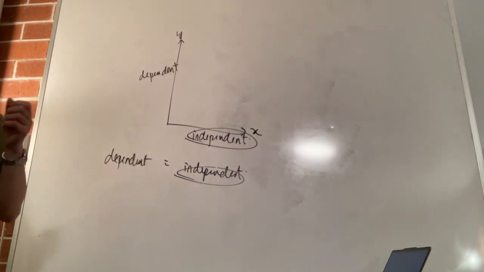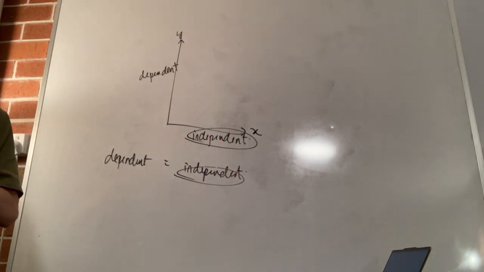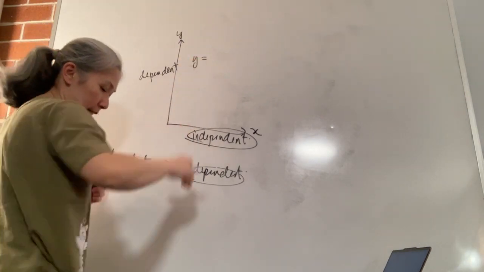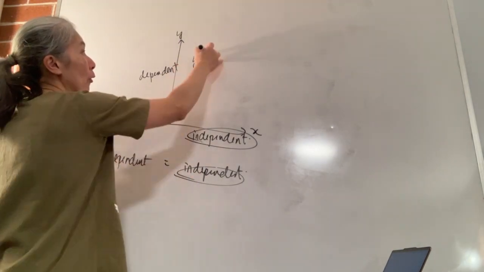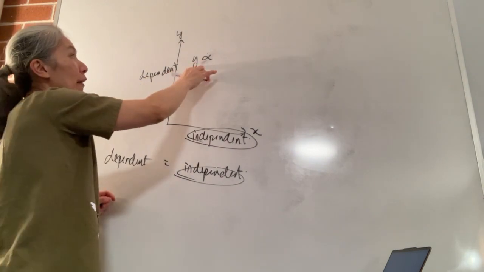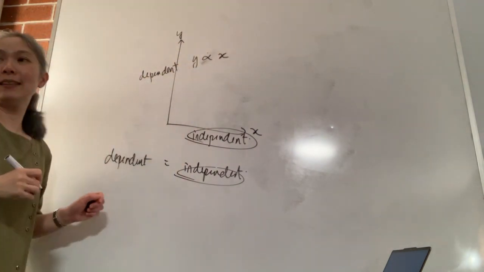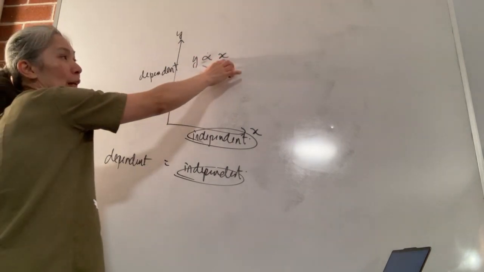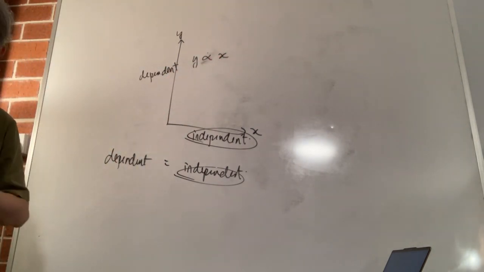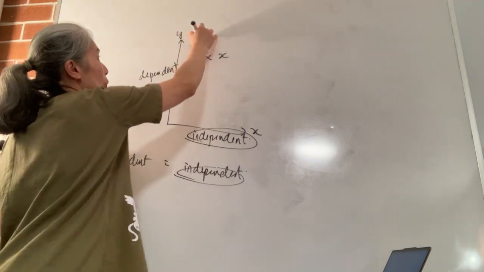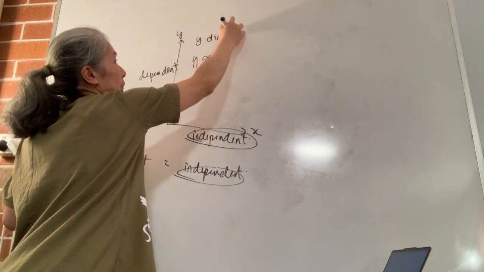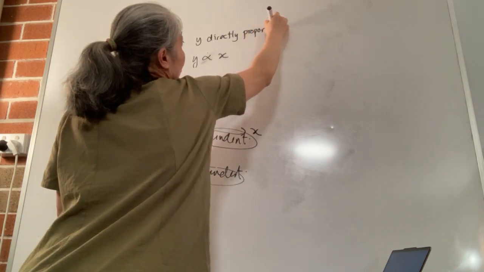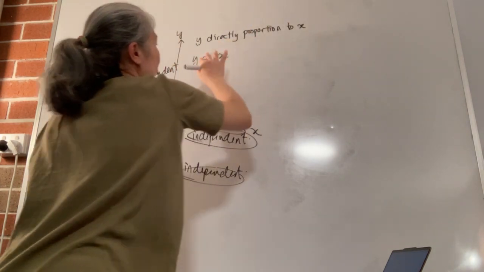If I say y is directly proportional to x, this is how you write directly proportional using these symbols: y proportional to x. Yeah, this is how I write it.